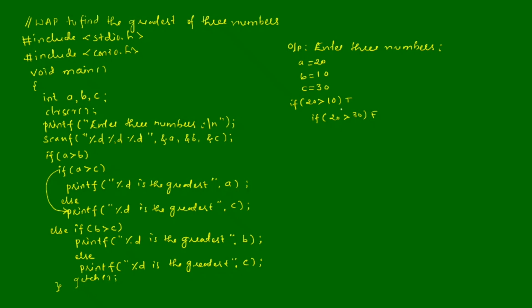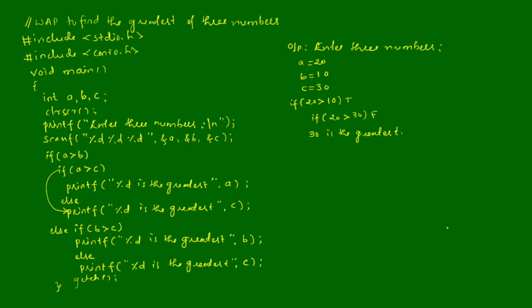So what is the C value? 30. It is going to print C is the greatest, that is 30 is the greatest. You can jumble all these values and check all of these conditions, how exactly control jumps from one statement to another statement.